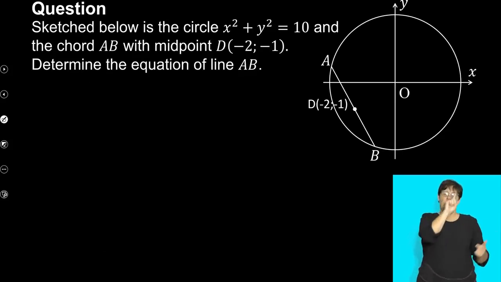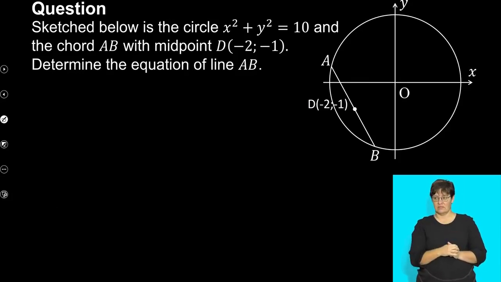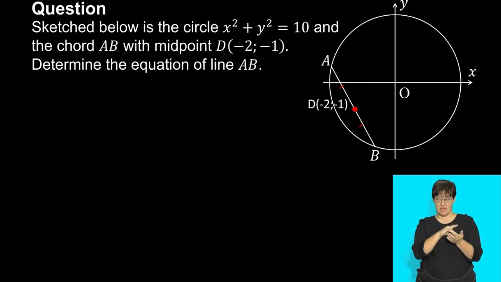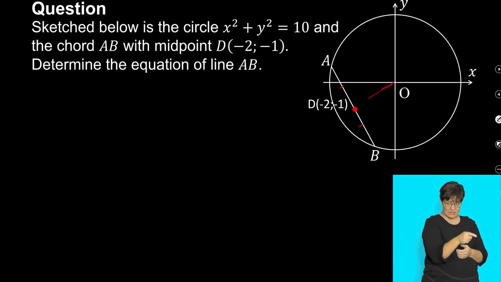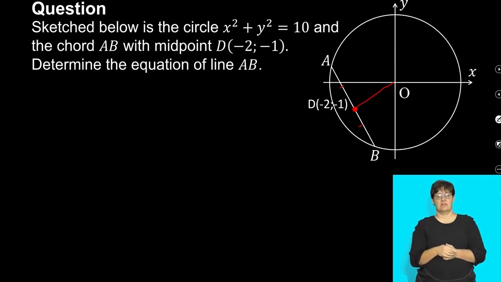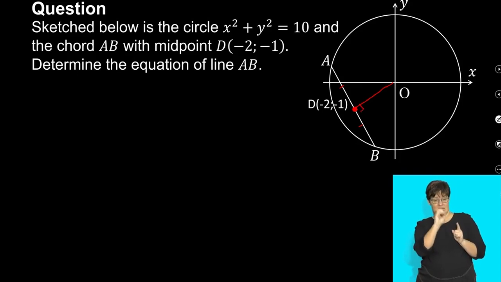So let's go back to the question. What the question told us is that D is the midpoint of this line. If I draw a line from the center of the circle to the midpoint, what I know is that this line is perpendicular.